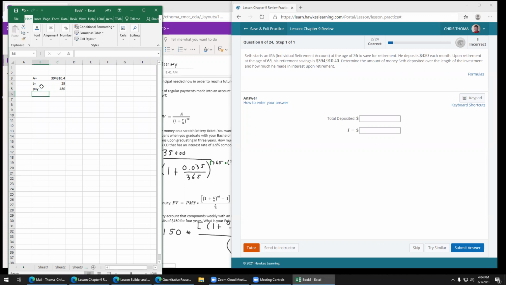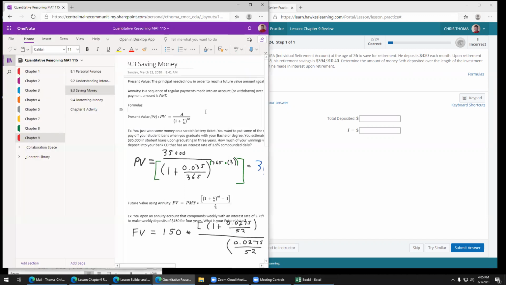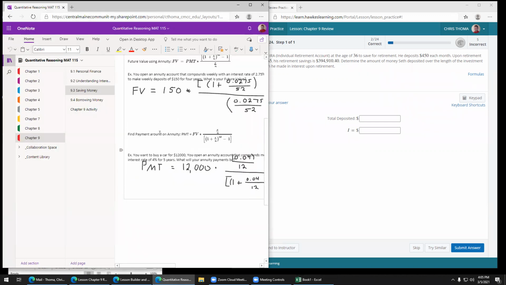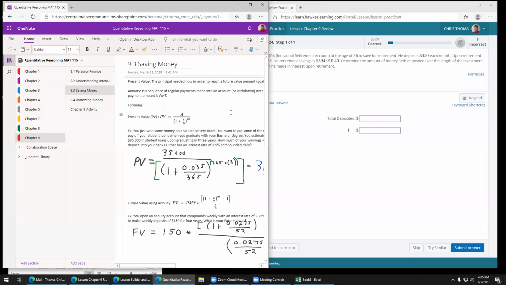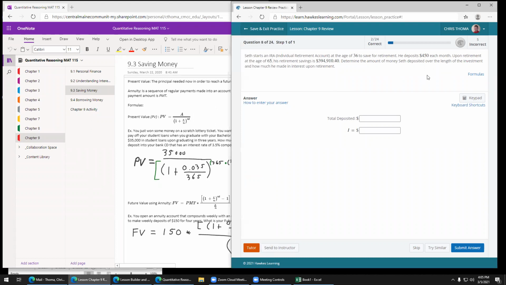And so it doesn't tell what our interest rate is. So that is not going to be the right formula, because there's no interest rate.